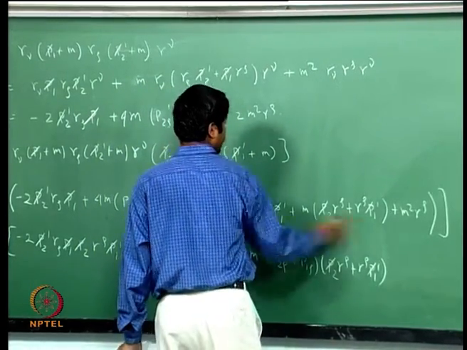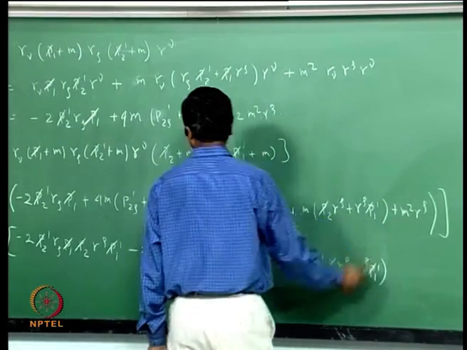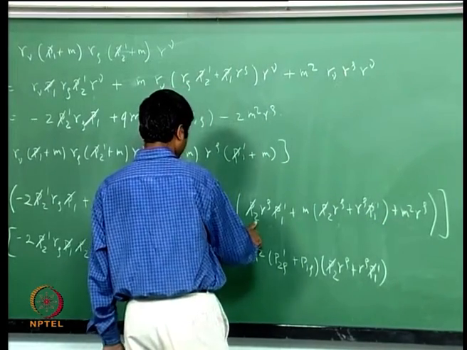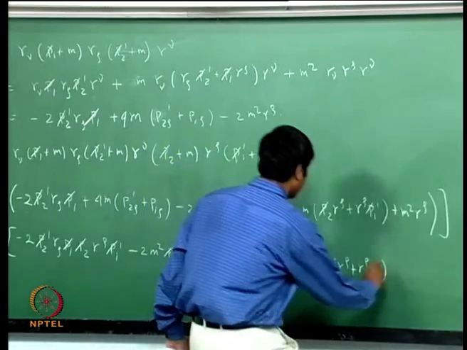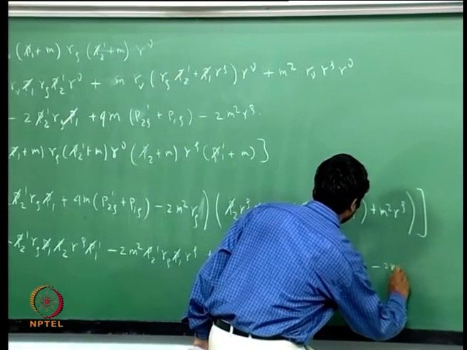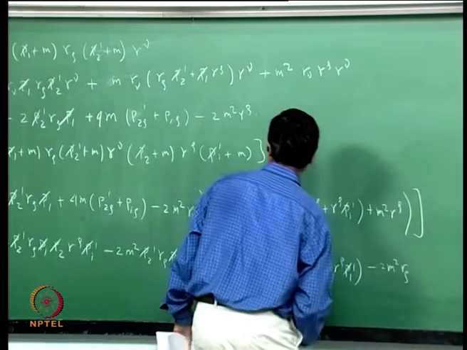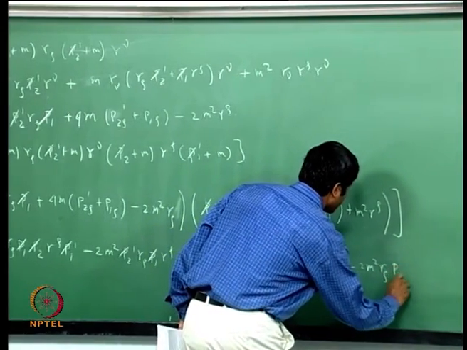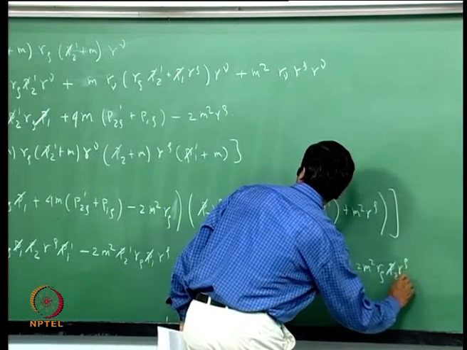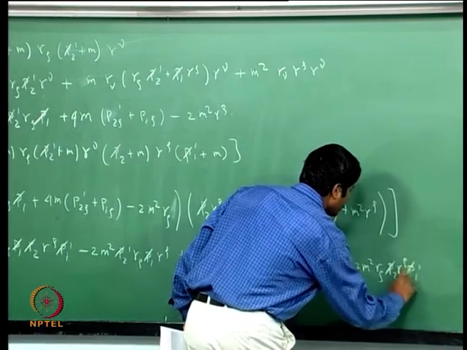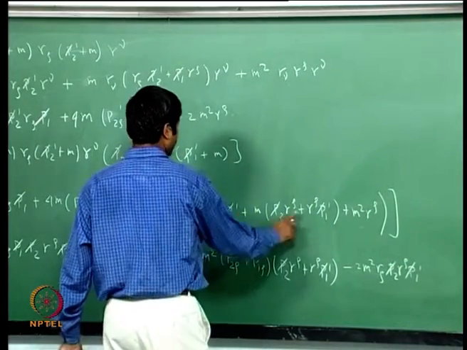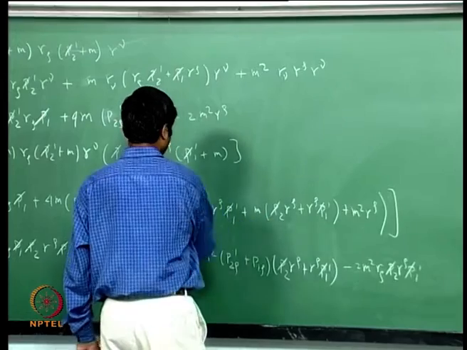Then this multiplied with this will give me 0. Now, this with this will survive. So, that will give me minus twice m square gamma rho p 2 slash gamma rho p 1 prime slash, this with this will give me 0.